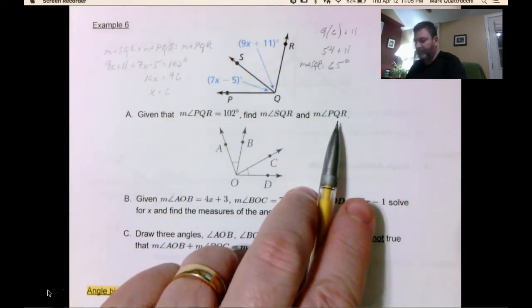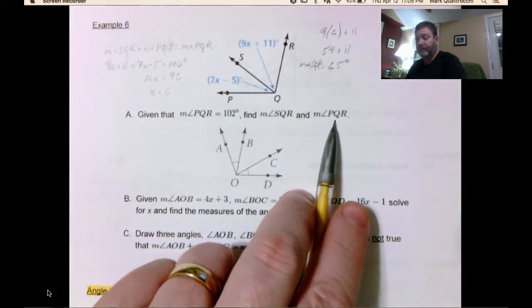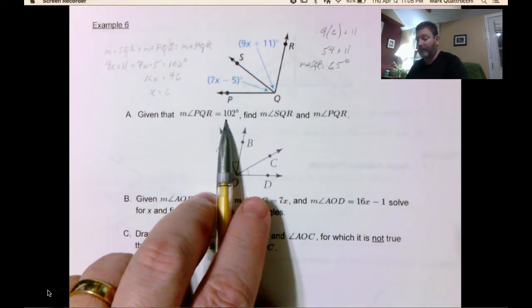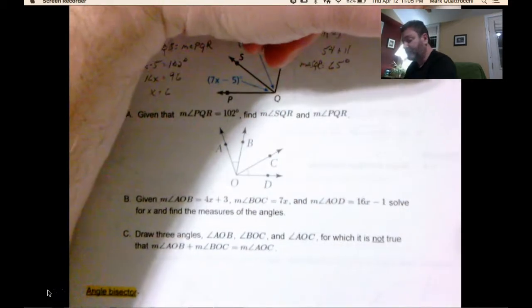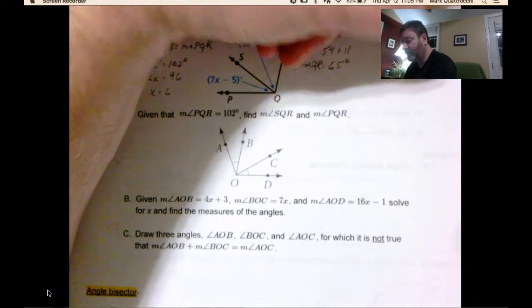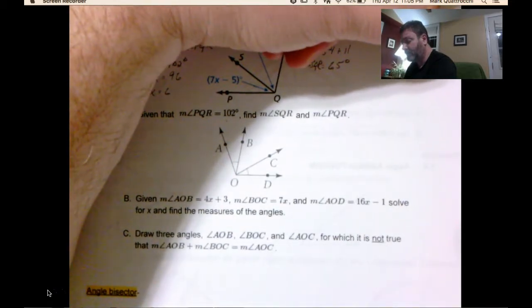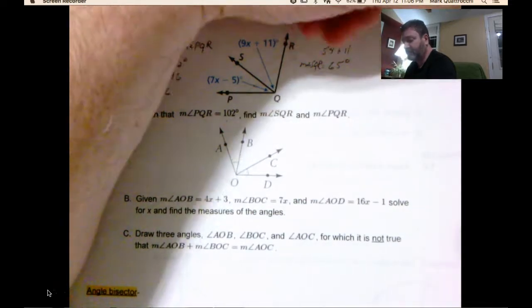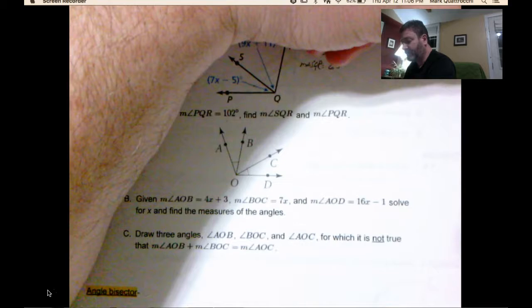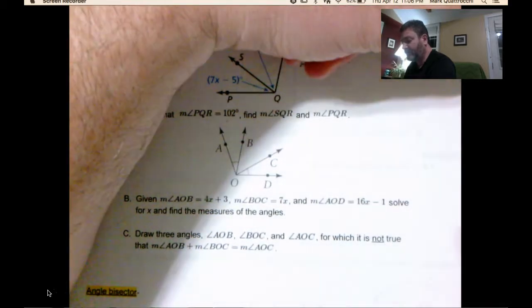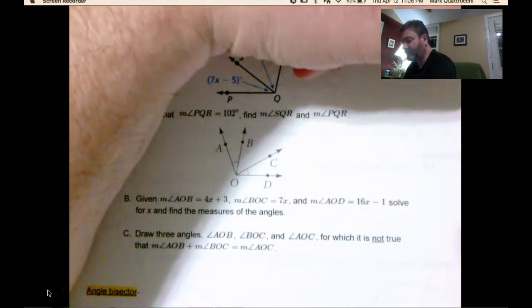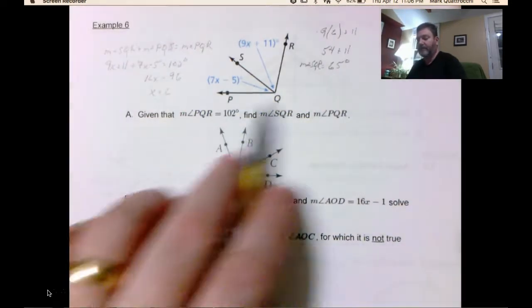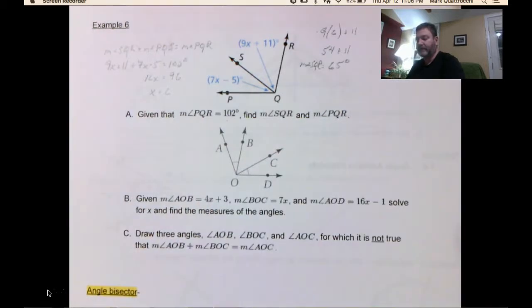We're looking for the measure of angle PQS. We're not looking for the measure of angle PQR, because we're given that one. The measure of angle PQS is equal to 7 times 6 minus 5, 42 minus 5, 37 degrees, or 102 minus 65, which is 37 degrees.